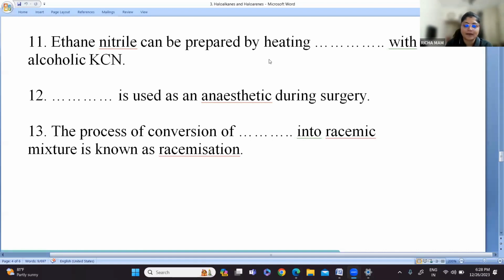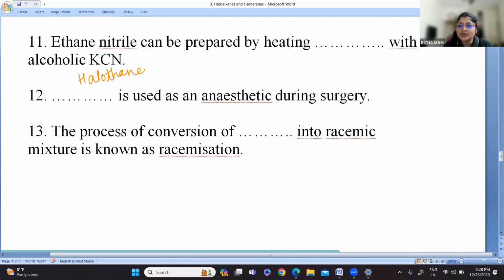Good. Just see the spelling, halothane. So halothane is used as an anesthetic during surgery for numbing your body.